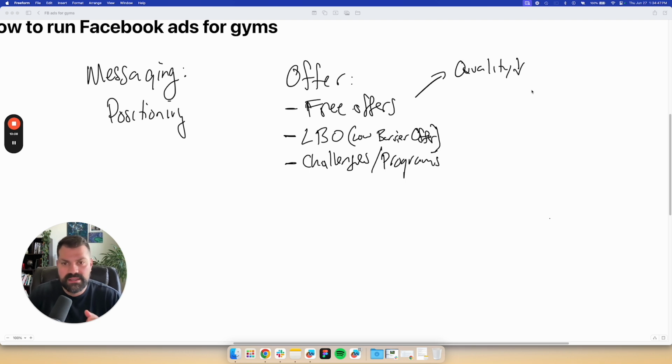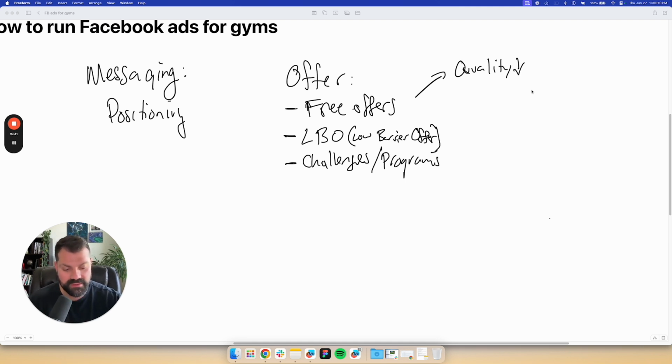They're literally going to take advantage of your ad by giving you their information to get something for free. Okay. So this is the lowest quality kind of person that we can get in our doors because they have no skin in the game. If they come, it's free. If they don't show up, it's free. It doesn't matter to them, right?